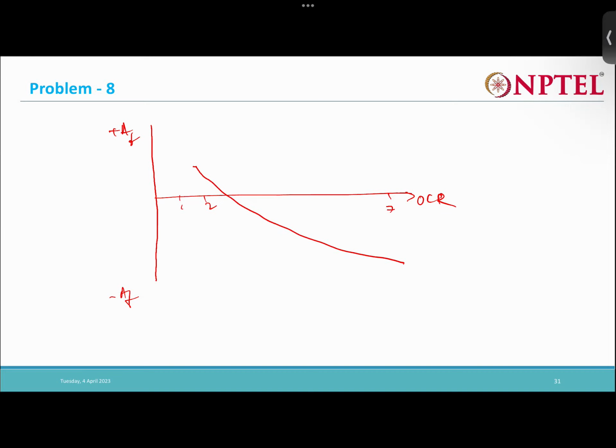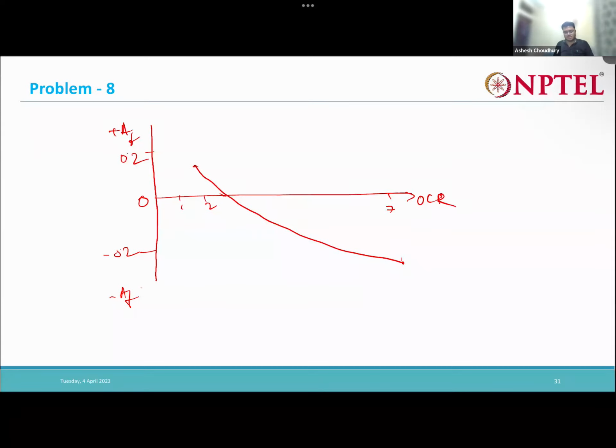So initially OCR was high and my A_f was negative. Then as the OCR reduces, it is tending towards positive. So this will be the variation of my A_f with the OCR, that is the over consolidation ratio.